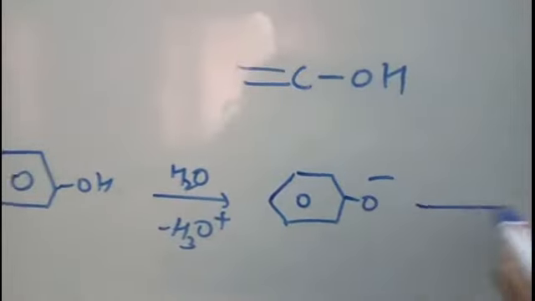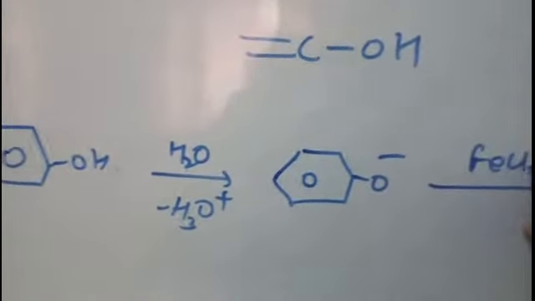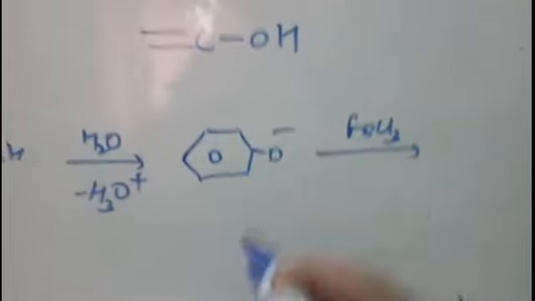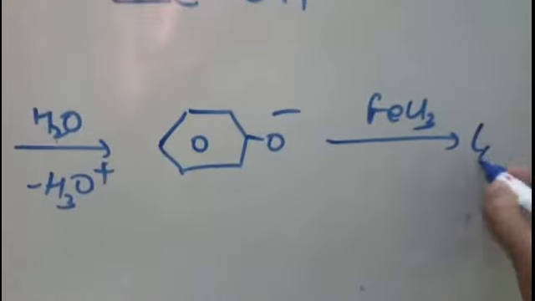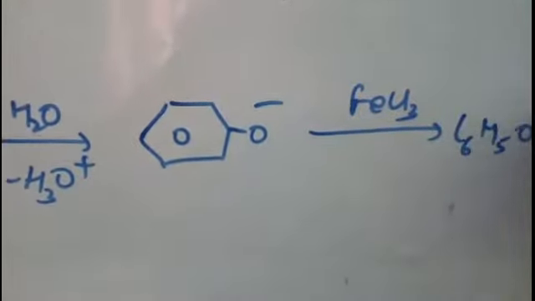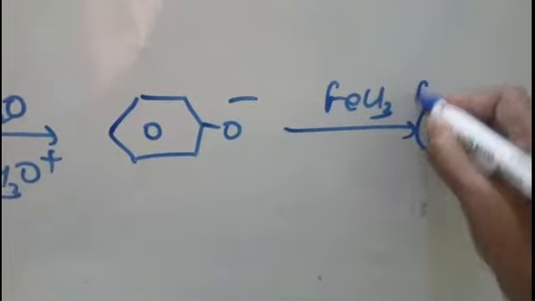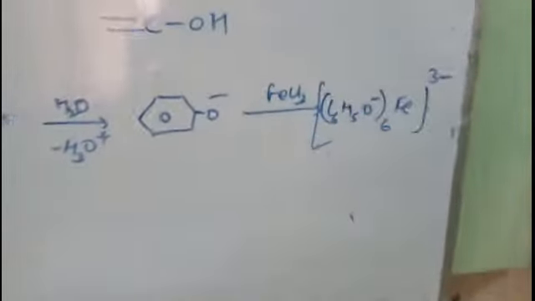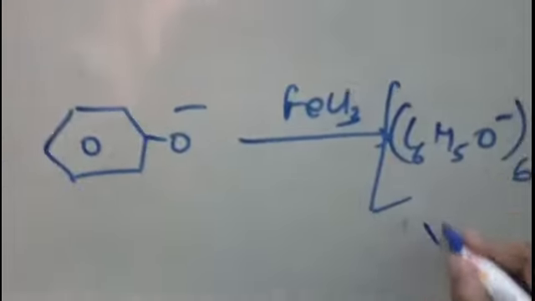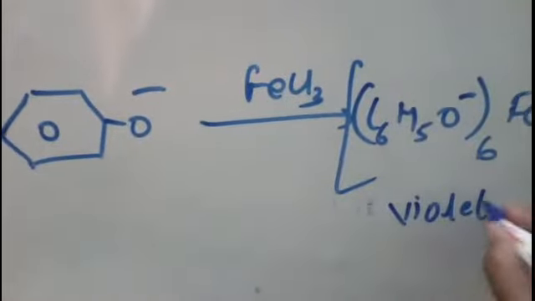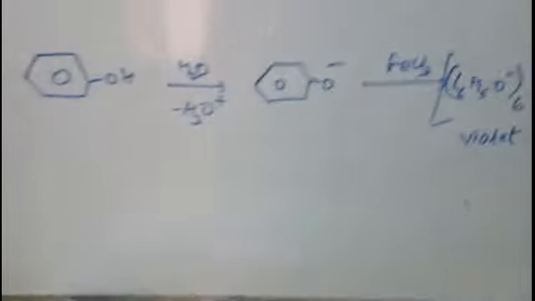This phenoxide ion, when it reacts with ferric chloride, gives [Fe(C6H5O)6] with a 3 minus charge. This complex will be formed, and this is a violet colored complex in the case of phenol.